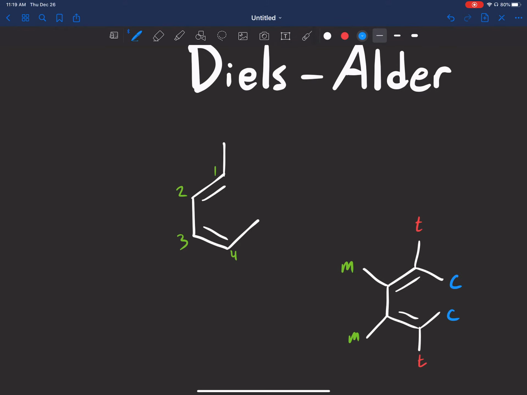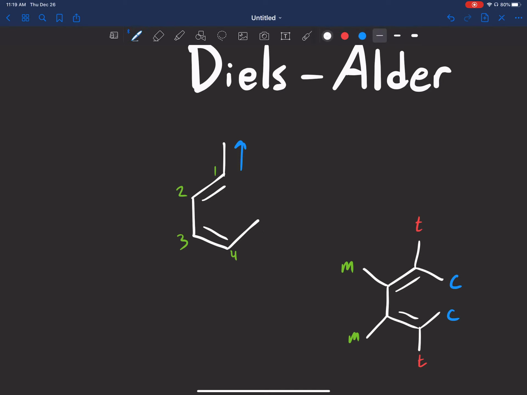So now in this case, one of these methyls is pointed in that trans position right here. This methyl is pointed inward. It's in that cis position.